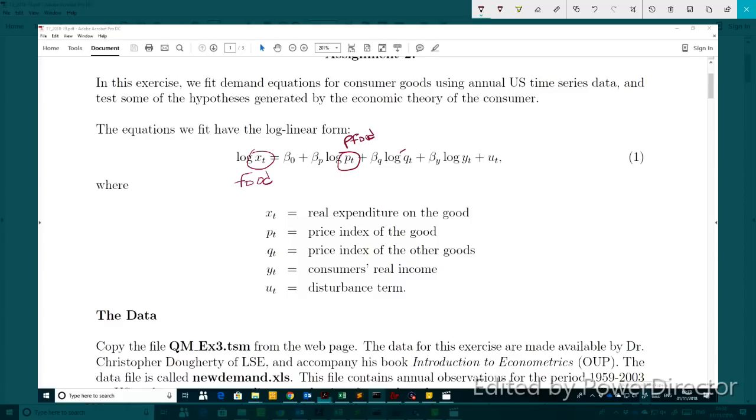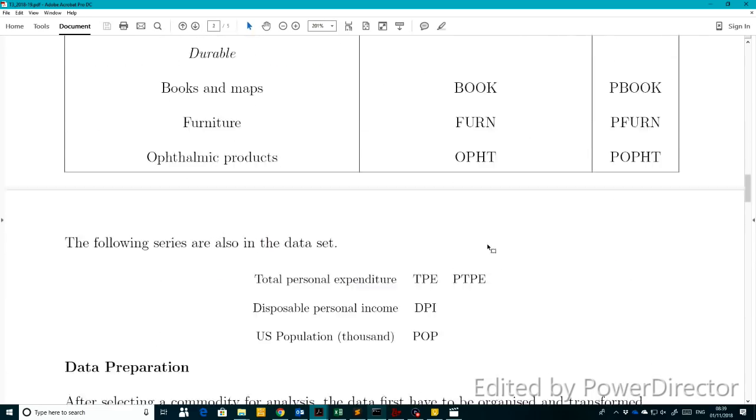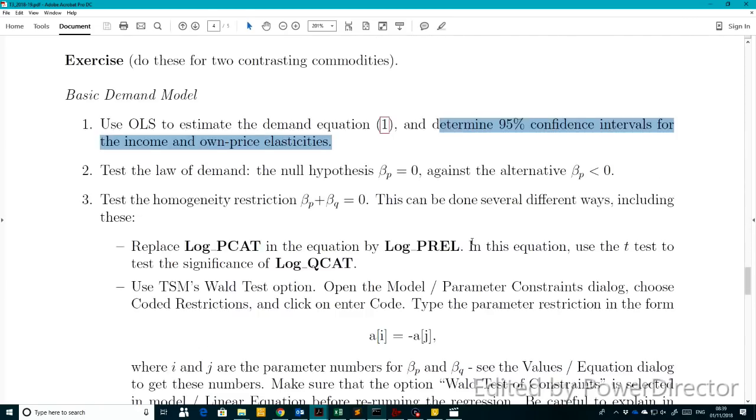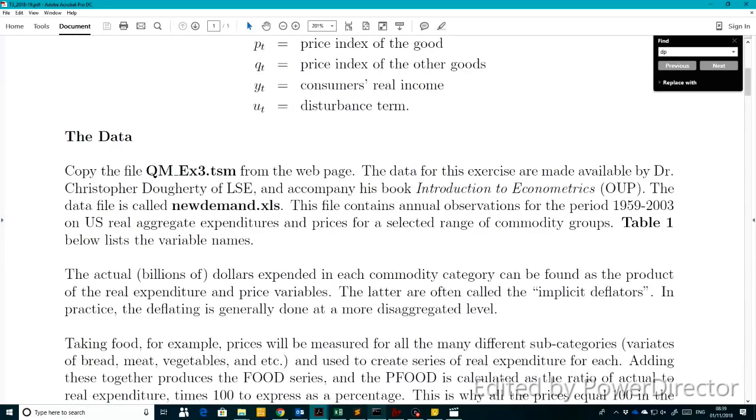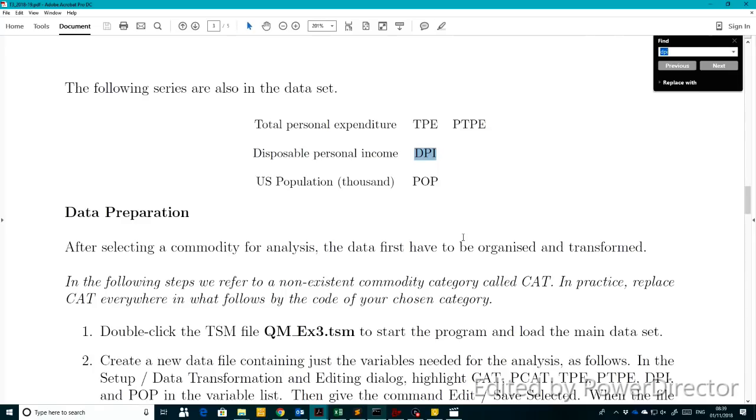And qt will represent q food or q cat, and yt here will represent your dpi. Remember that dpi stands for your income, so your disposable personal income.